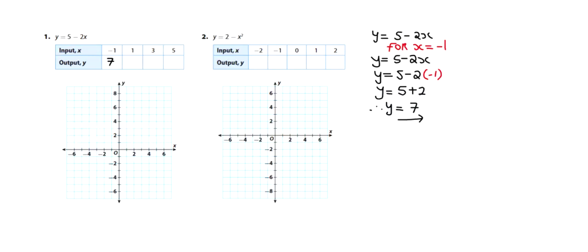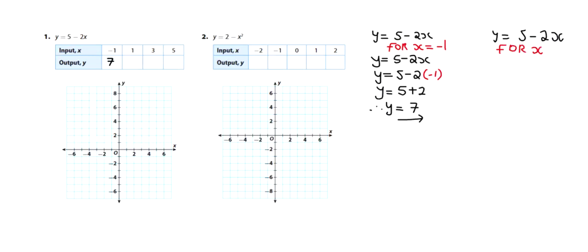So that will be y equals 5 minus 2x. And then the next step, we say for x equals 1.